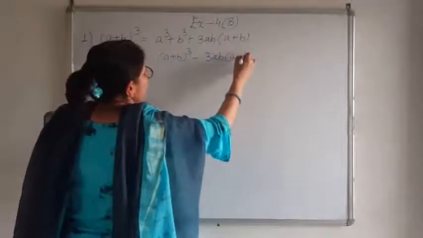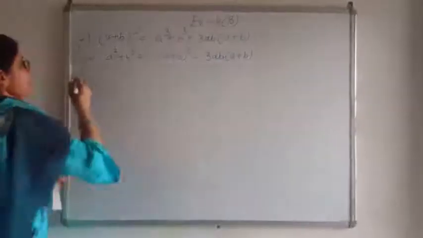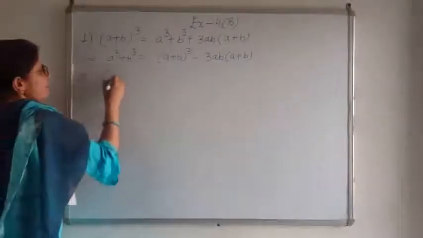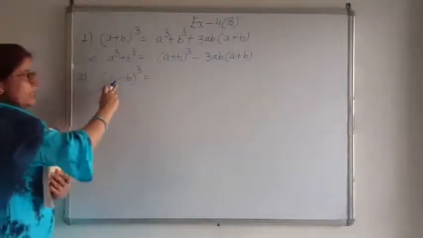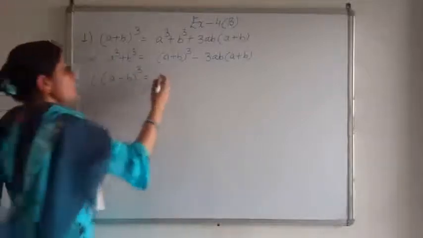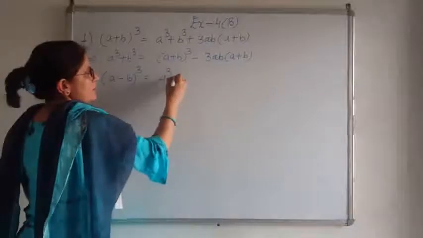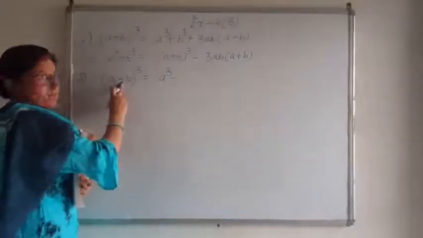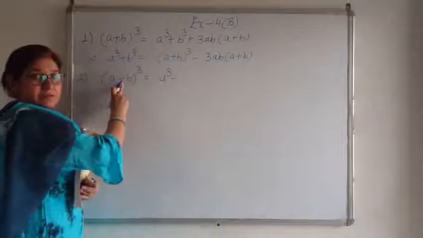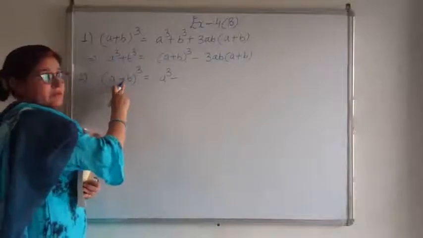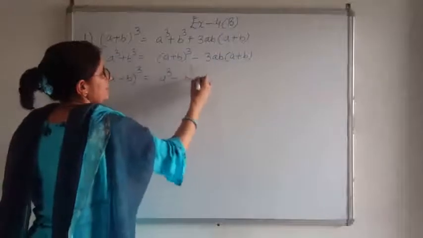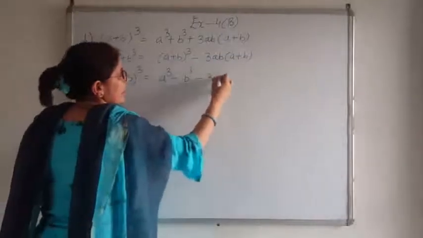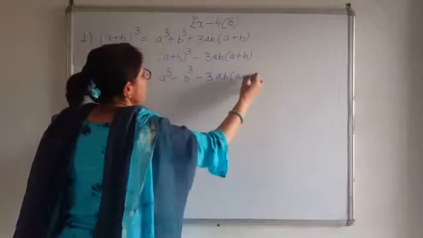3ab into (a plus b). Similarly, the second identity is the cube of the difference of two terms. When it is asked (a minus b) cube, it is equal to a cube minus b cube minus 3ab (a minus b).